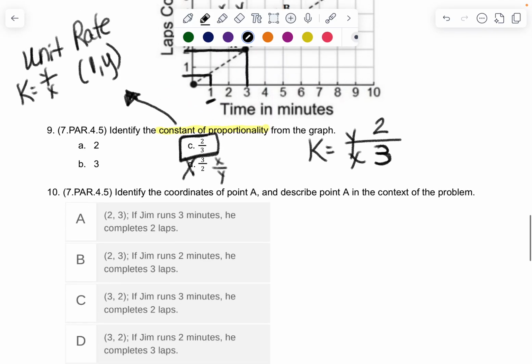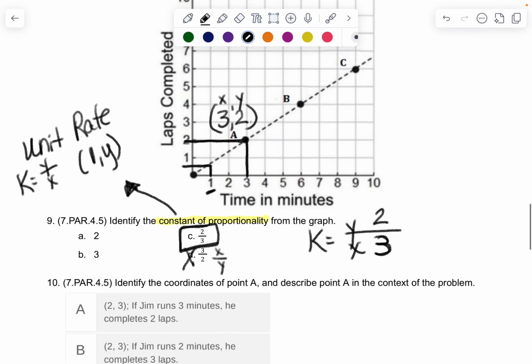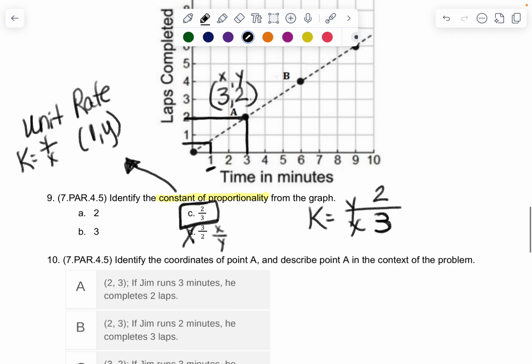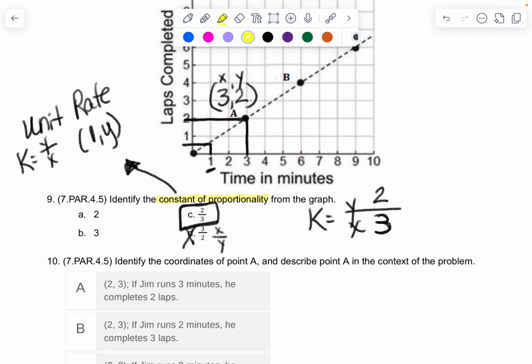And number 10, I noticed on a lot of papers, I had several people who made it 80 or 90, and the only thing they missed was number 10. And it was exactly because of what I did first. When you read this statement right here, if Jim runs 3 minutes, he completes 2 laps.